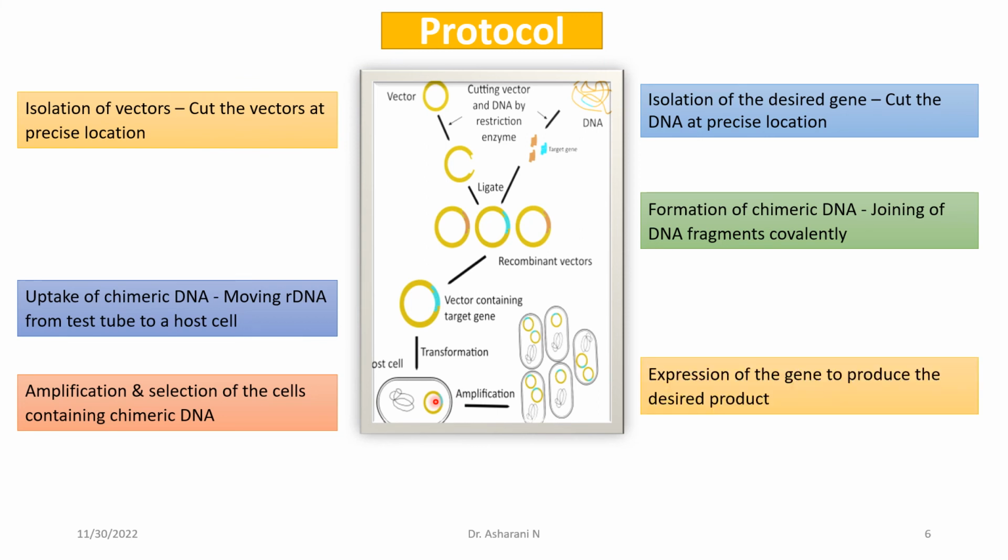Following this, you can use these clones to isolate the desired gene, or you can express the gene to produce the desired product. You have to identify whatever clone you want using many techniques, such as hybridization techniques, and then you can express the gene to get the desired product.